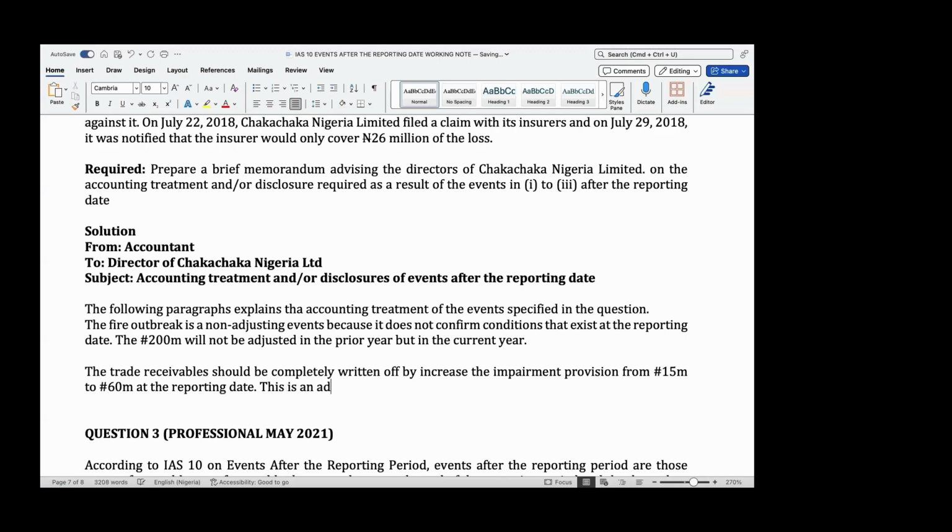This is an adjusting event, and it provides evidence of conditions that exist.